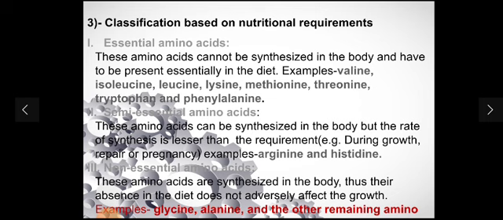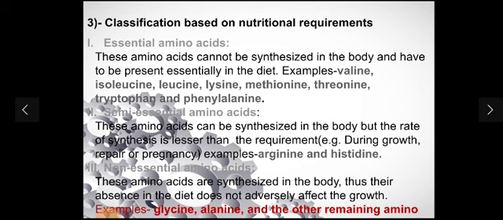Still under classification of amino acids, we have the ones we call essential amino acids and non-essential amino acids. Once you hear anything is essential, it means our body cannot produce it.